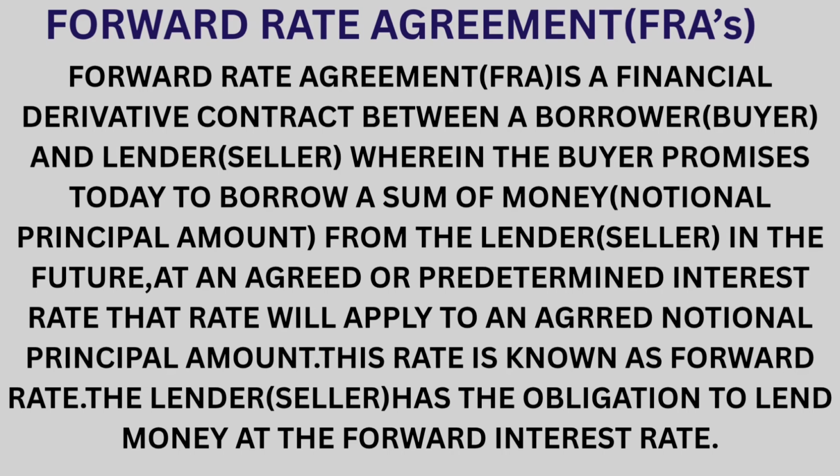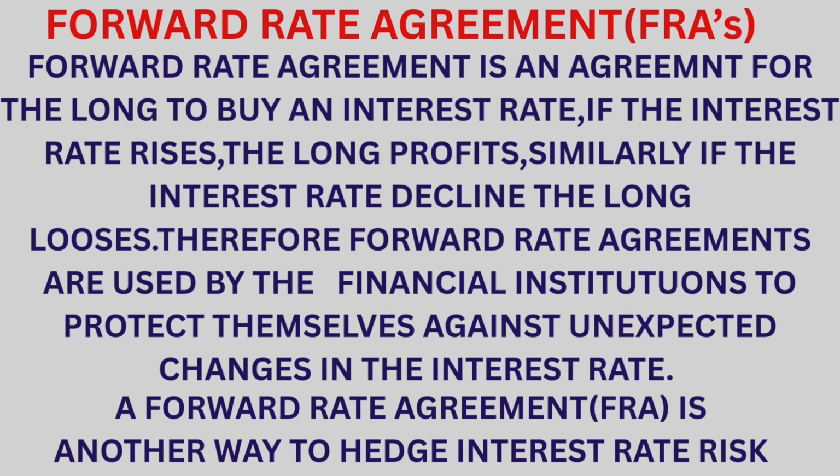The rate which is agreed, which is predetermined, that rate is called forward rate, and the seller has the obligation to lend the money at the forward agreed interest rate to the buyer or borrower. So forward rate agreement is a derivative which is used for hedging the interest rate risk.